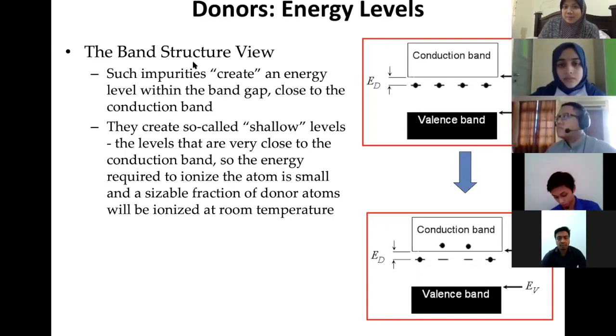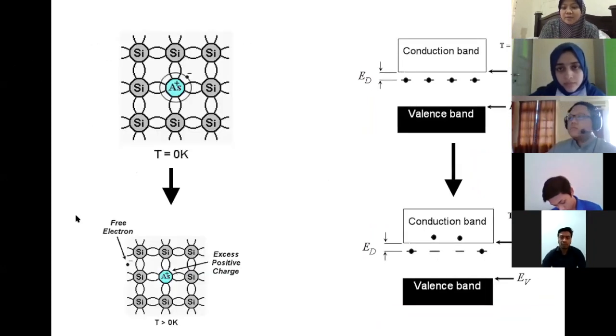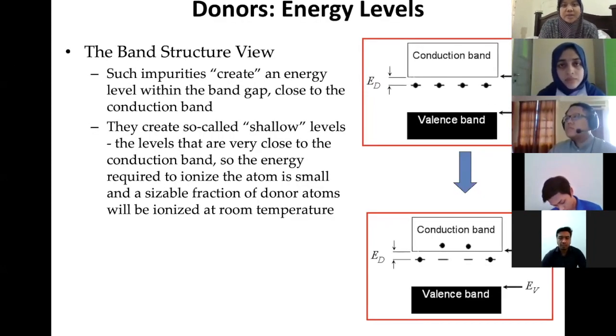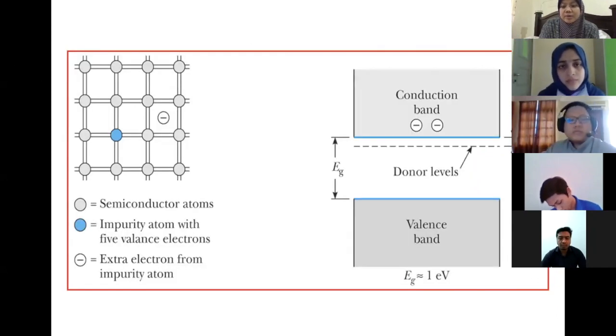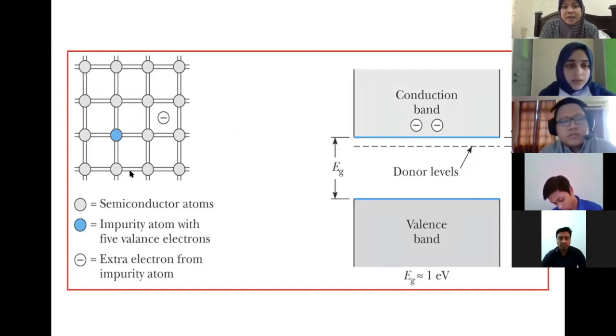So we know about donors and energy levels. If Zoom stops, I don't know when it will stop, so I will just keep on going until it stops. The donor atom will sit in between the semiconductor atoms, inside the lattice.